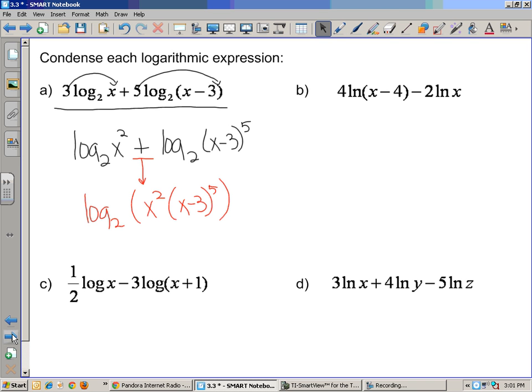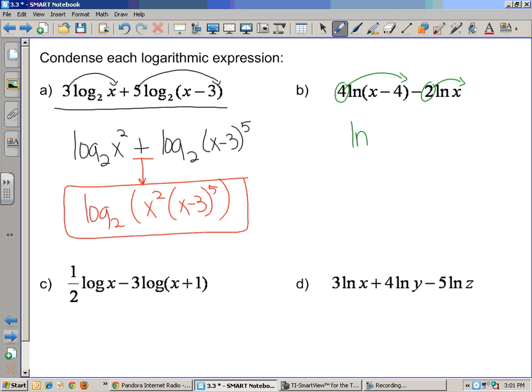And now I'm done. Okay, so we're working backwards. We're working backwards. So I'm going to hit this one for you. That comes up. So this is natural log of x minus 4 to the 4th minus the natural log of x squared.